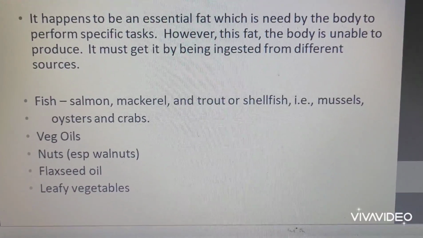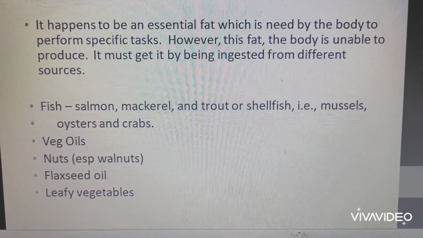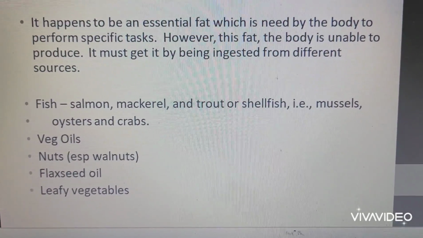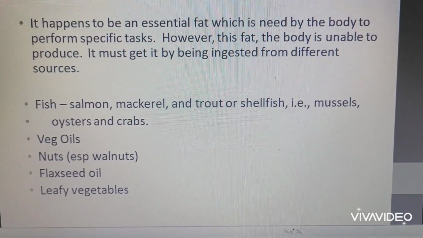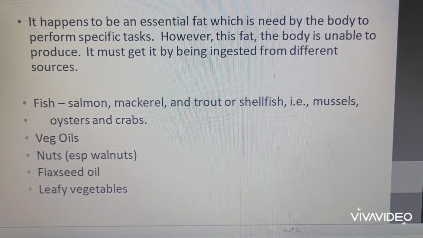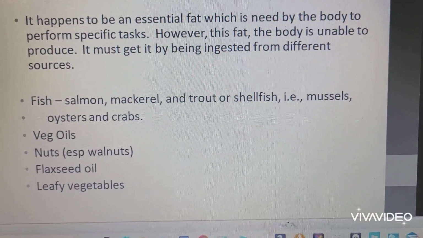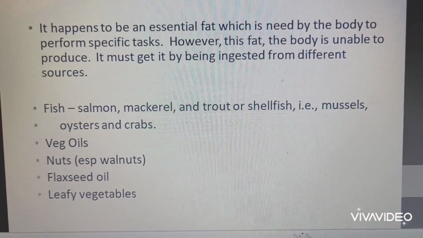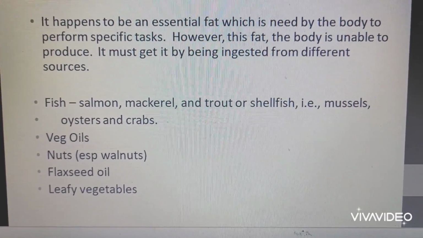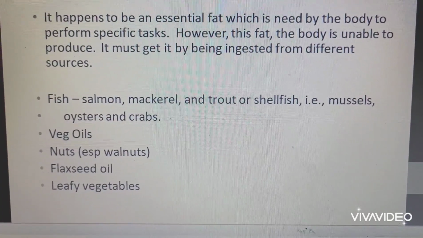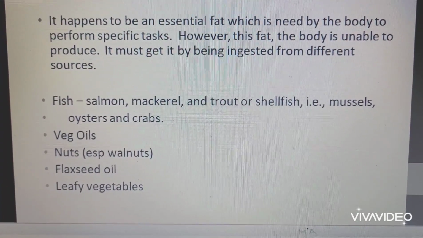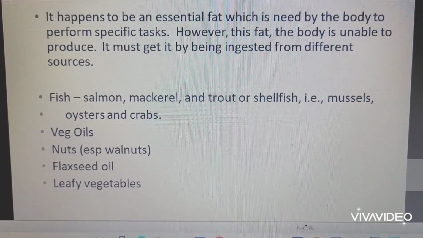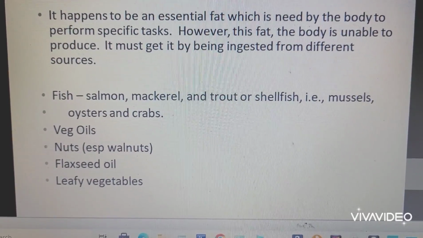Now, what are those sources? Some of them are fish. The type of fishes are salmon, mackerel, and trout, or a shellfish, which are your mussels, oysters, and crabs. You can get it from vegetable oils, nuts, especially walnuts, flaxseed oil, and leafy vegetables.